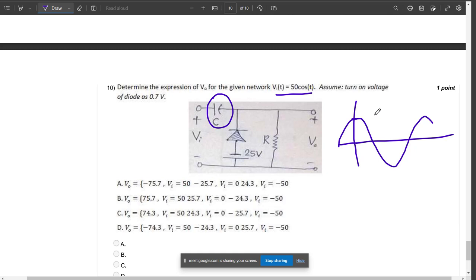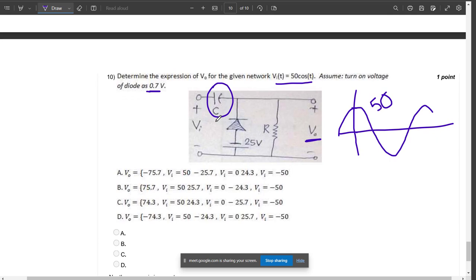This value is how much? 50. Okay, and the diode voltage is how much? 0.7, right? And you have to find out the expression for VO, and the capacitor is given here. So when there is a capacitor, what will happen?